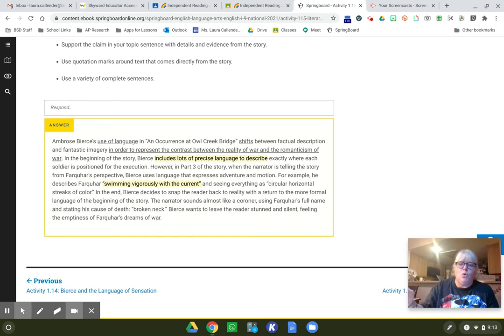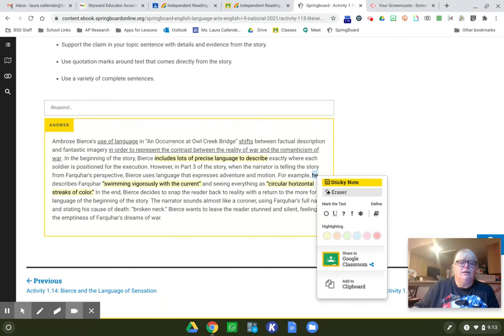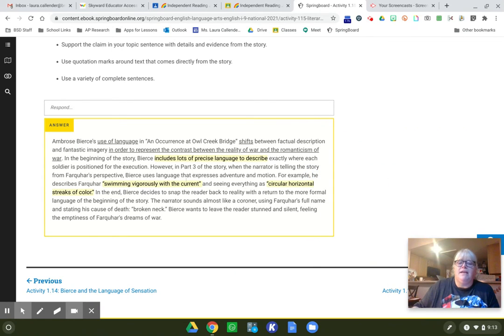He doesn't put the whole sentence in. He doesn't even put in several pieces of evidence. He just uses that. Again, he has just a little bit more right here. And notice how these quotes and these details are woven into this author's own sentence in his own words. Okay. For example, he, being the author, describes Farquhar, and then he puts the quote inside his own words.